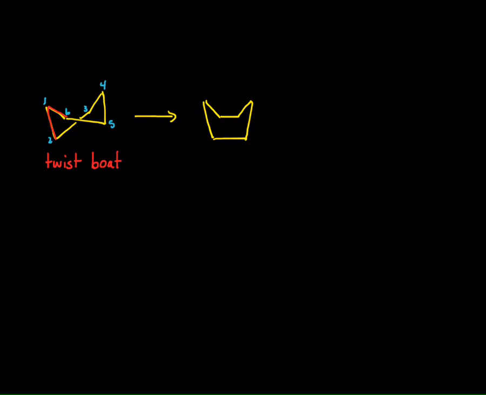And the end result looks like this, okay? Where I have C1, C2, 3, 4, 5, 6, right? I'm numbering my system again. So now C1 is pointing up, but C4 is still pointing up at me. And if I think about this structure, it's called a boat, right? It's a boat structure. But the key to the boat structure is that it actually requires a little bit of energy to go from the twist boat to the boat.